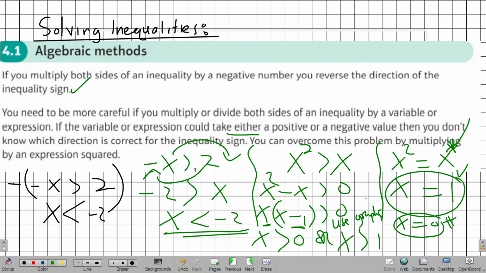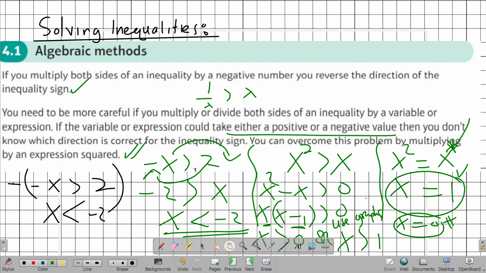That's when you read this part which says if the variable or expression could take either a positive or negative value, then you don't know which direction is correct for the inequality sign. You can overcome this by multiplying by an expression squared. This is applicable when you're dealing with quotients, inequalities that are quotients in nature, like 1 over x is greater than x. To check this, you also need to do this.